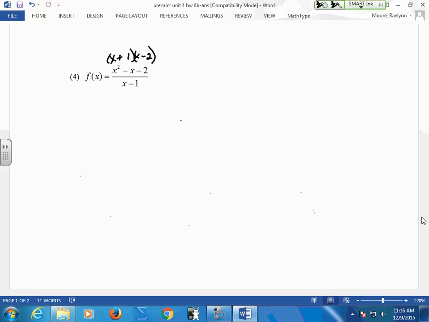Would that work? Does it give me the negative in the middle? Does it make me able to cancel out anything? No. So even though I have factors, they're a little bit different. I don't have a point of discontinuity.